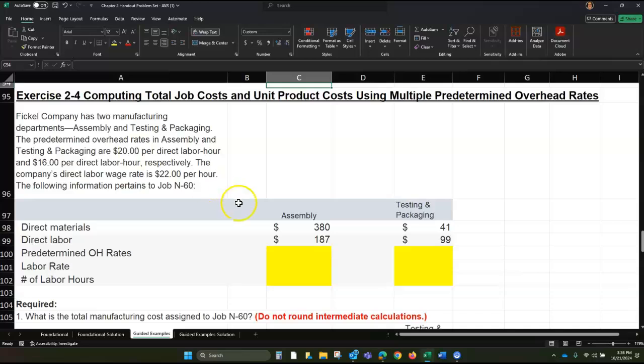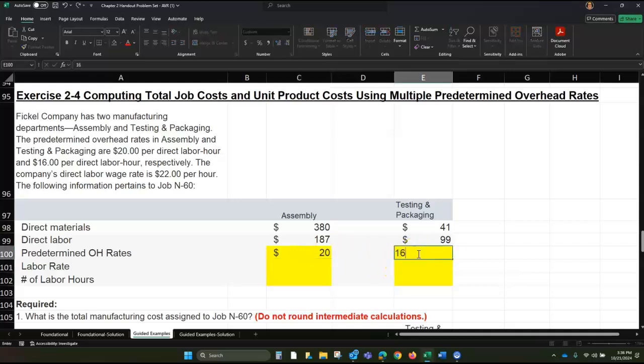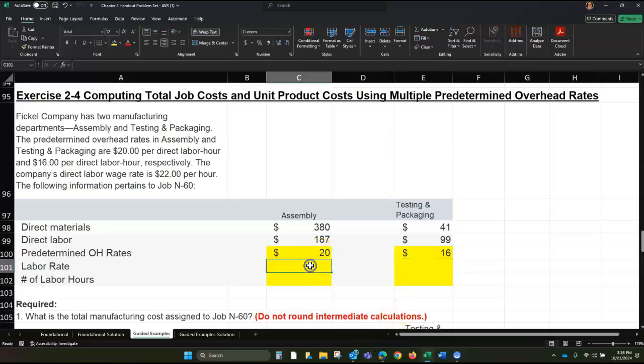The $20 is for the assembly department, so let's plug that into our data. And the 16 was for testing and packaging. Okay. Company's direct labor wage rate is $22 per hour. In this particular case, the labor rate does not matter which department you're in. It's the same for both.